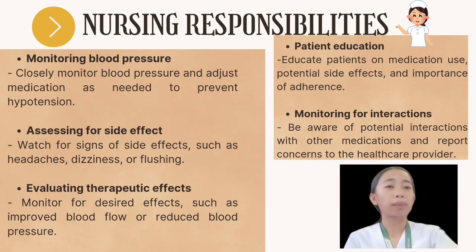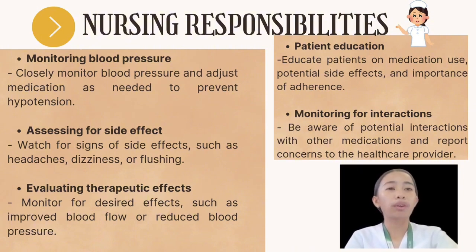Next are the nursing responsibilities for giving vasodilators. First, we need to monitor the blood pressure of the patient. We need to closely monitor the blood pressure and adjust medication as needed to prevent hypotension. Next is assessing for side effects. Watch for signs of side effects such as headache, dizziness, or flushing. Then next, we need to evaluate the therapeutic effects.